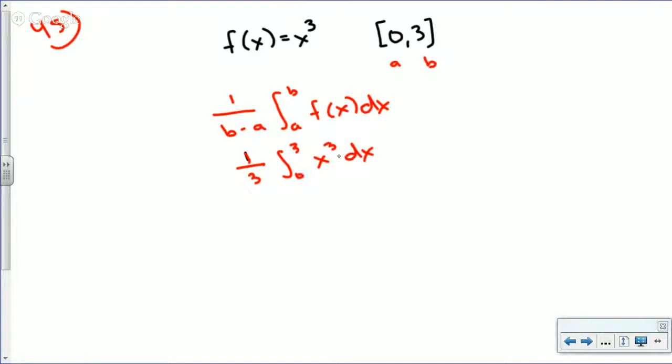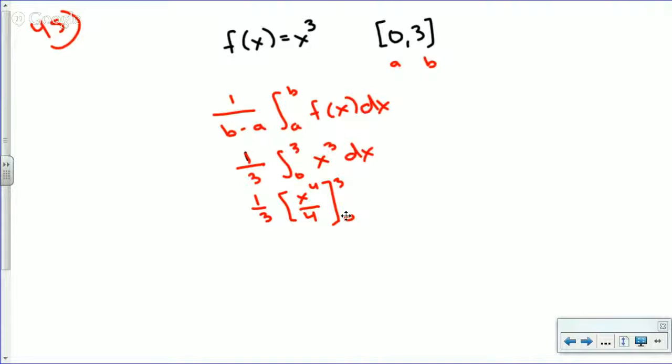To find this integral, or to find the area under the curve here, I need what? I need an antiderivative, right? So an antiderivative for x cubed is x to the 4th over 4. And then I want to evaluate that from 0 to 3.